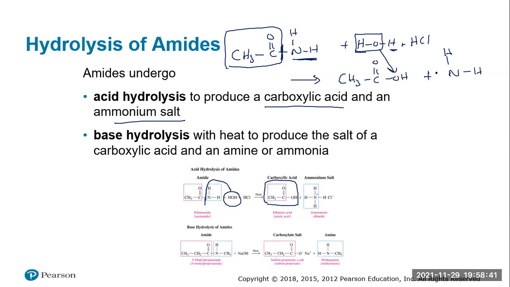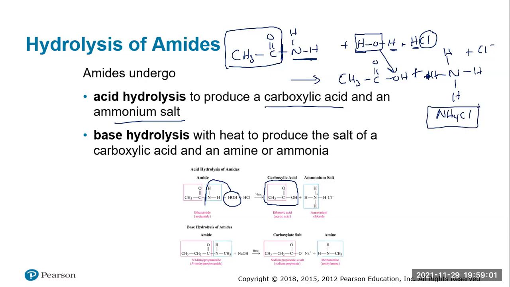Another hydrogen could come in and another hydrogen from there, and that makes NH4+. There's also a Cl, which is Cl minus. It makes ammonium chloride, NH4Cl, if you keep track of everything that's going on there.